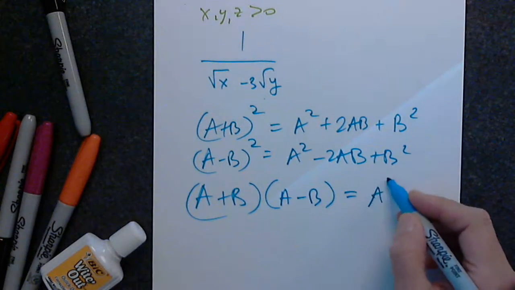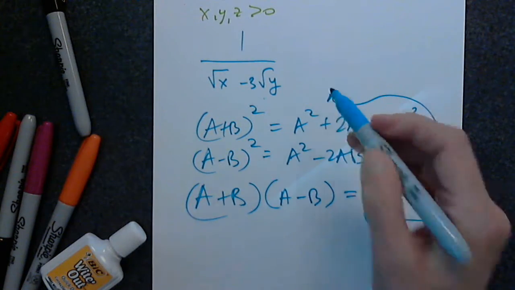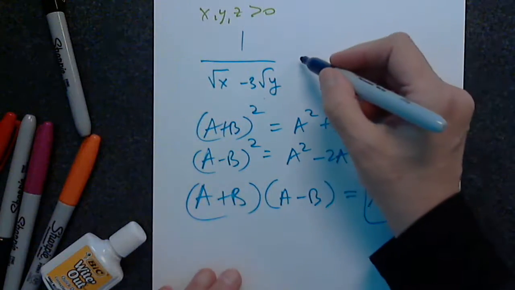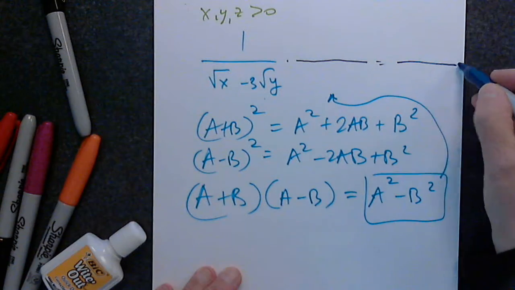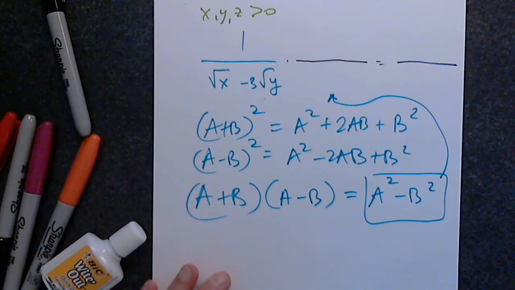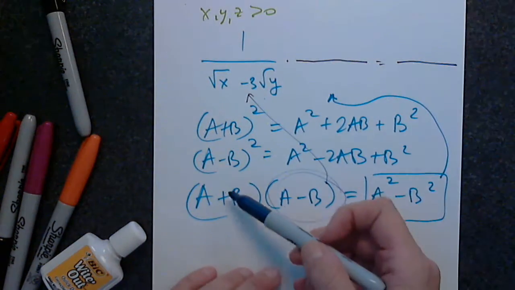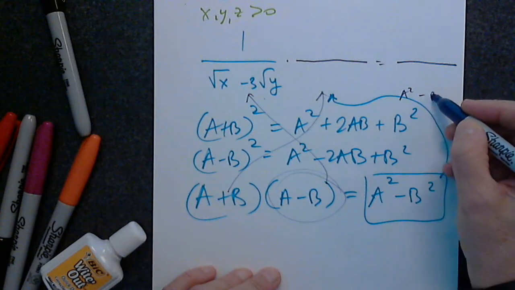A squared minus b squared. This is what we need here. Then it comes up top. So we will top and bottom multiply by something, since we have the a minus b, we will need the a plus b to get the a squared minus b squared.